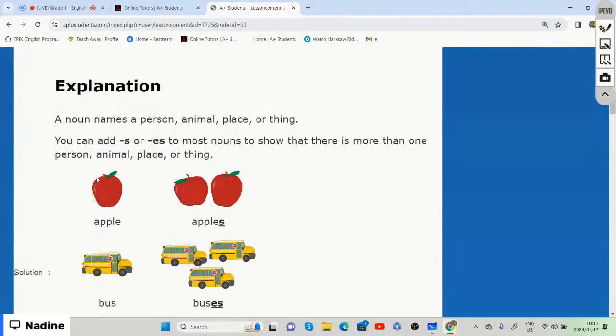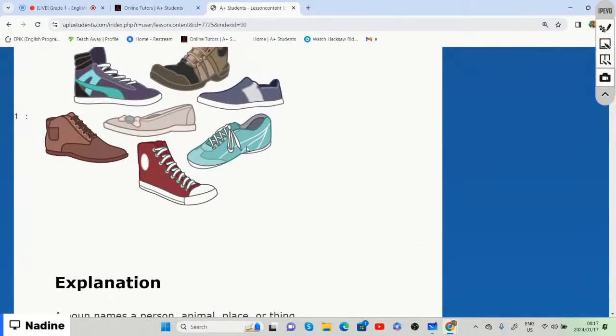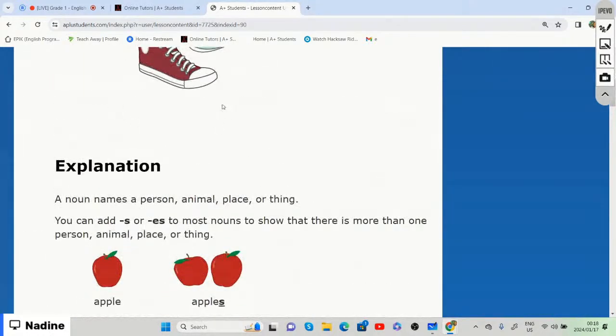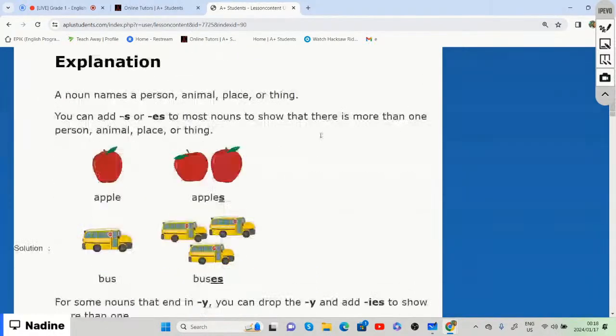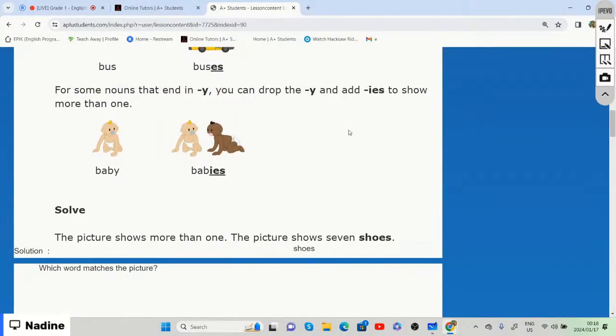So let's go and count the shoes. 1, 2, 3, 4, 5, 6, 7. So that is 7 either tackies or 7 sneakers or 7 shoes, right?